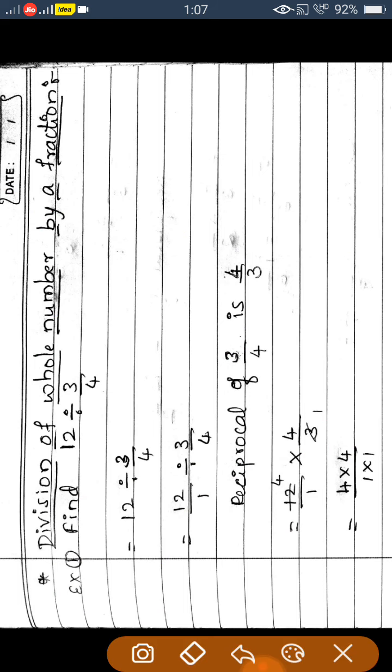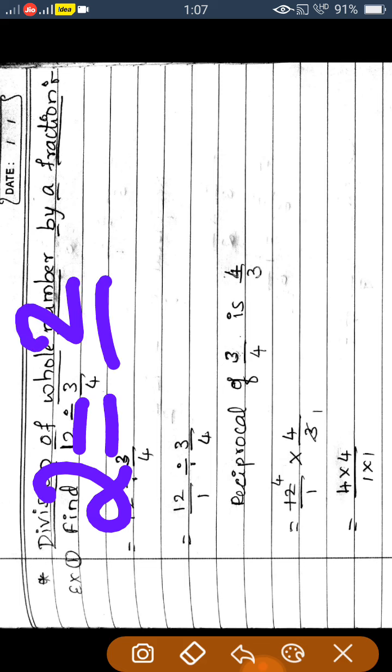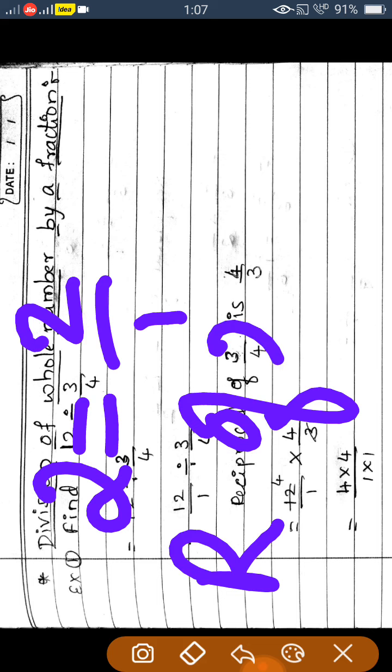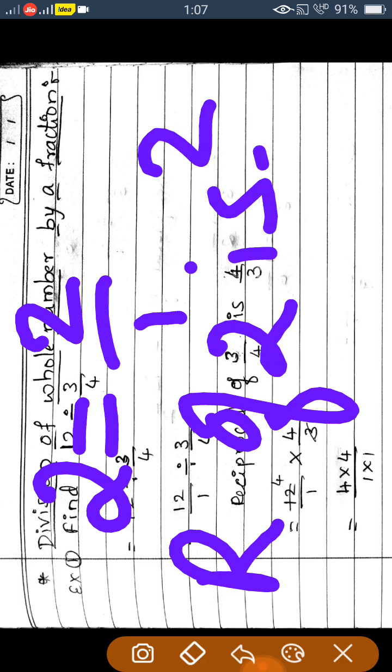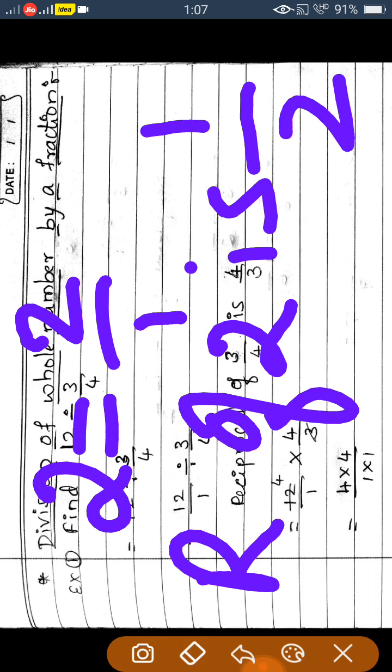Then what about the reciprocal of 2? See, just now I said 2 we can write as 2 by 1. If it is true, then the reciprocal of 2 is 1 by 2. Because 2 we can write as 2 by 1, the reciprocal is 1 by 2.